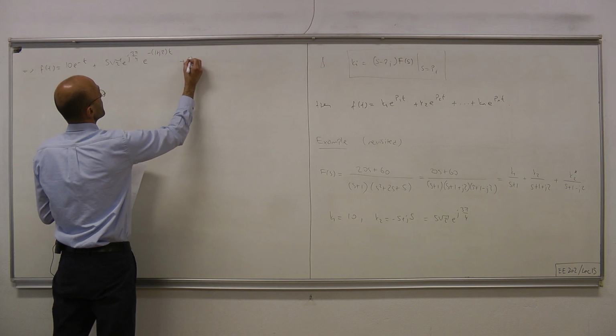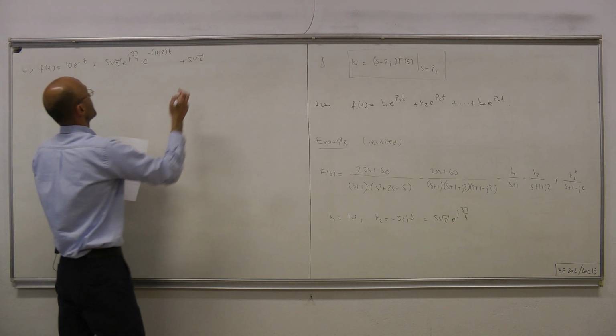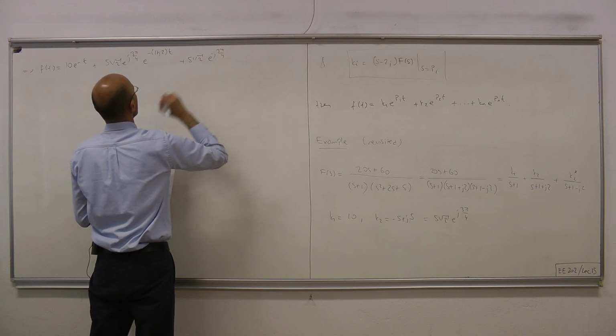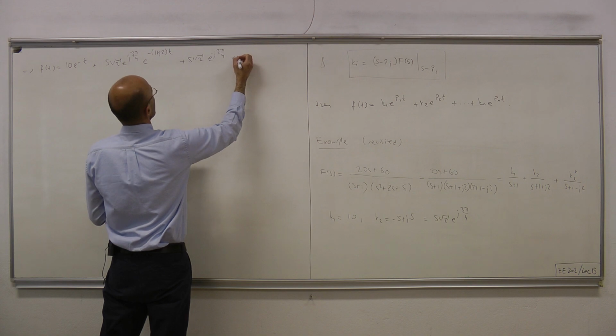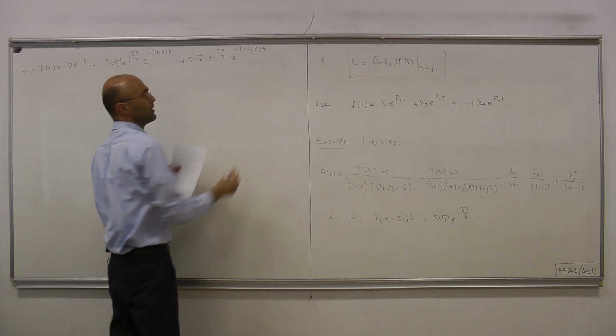And we have the complex conjugate expression, minus j 3 pi over 4 and e to the minus 1 minus j2 t.